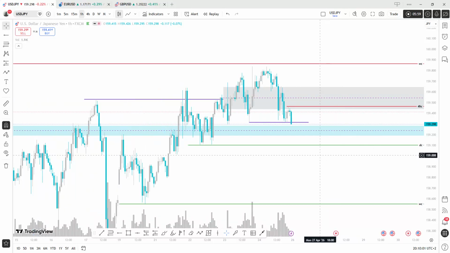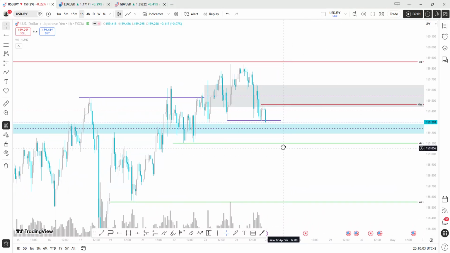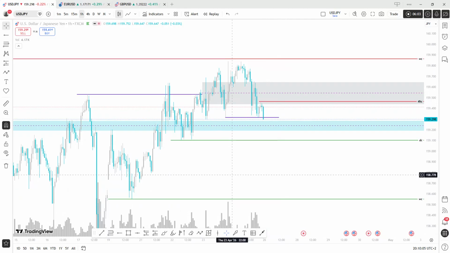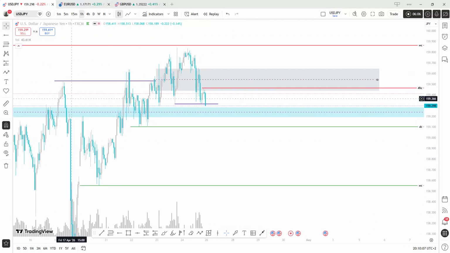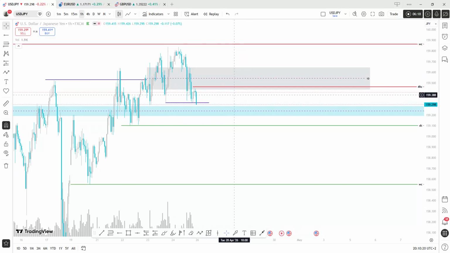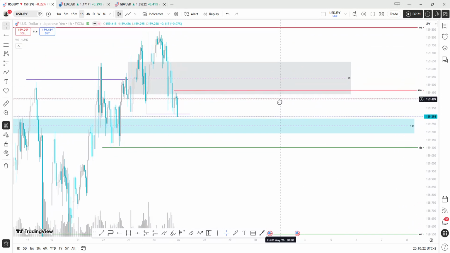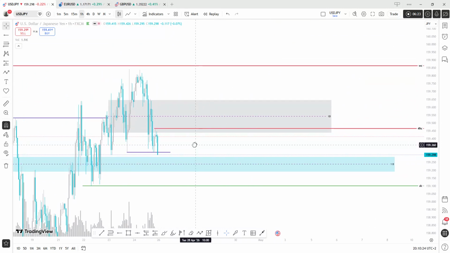Going even lower on 1 hour, I see that the swing structure on 1 hour is bullish, or at least went bullish until this break of structure.